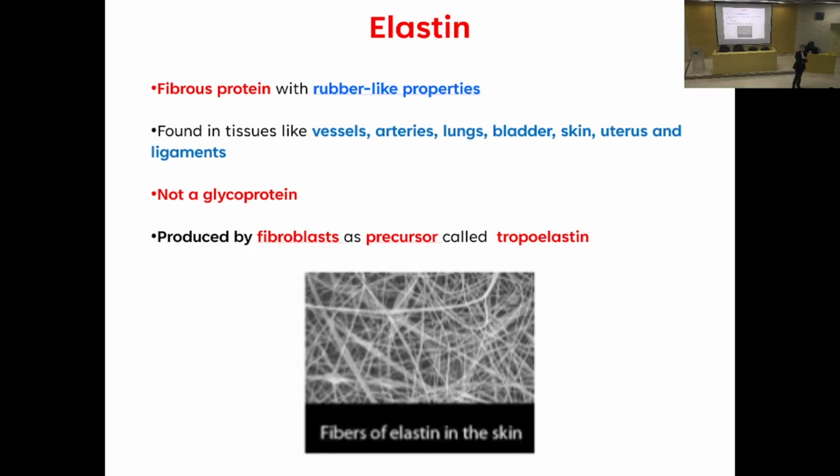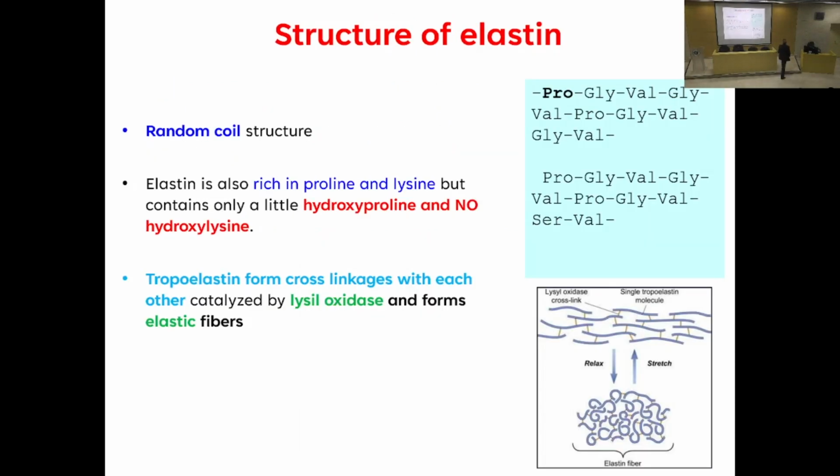Elastin is the same. When it is synthesized, it will be synthesized as tropoelastin. I'm going to show you something. When it is synthesized, it will be synthesized like this, just a small molecule. The same for collagen, tropocollagen: it will be synthesized like this.